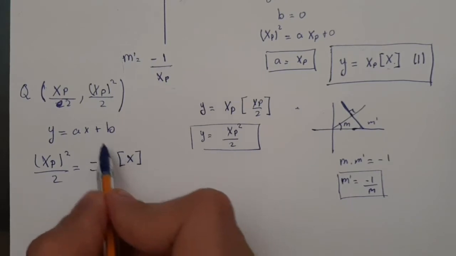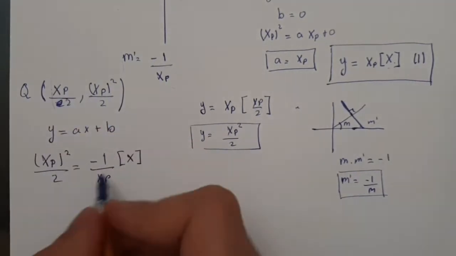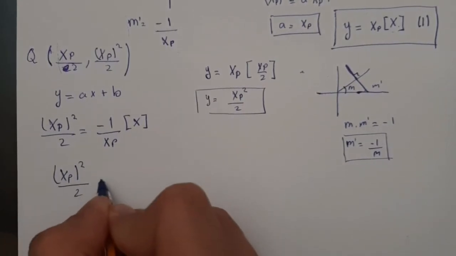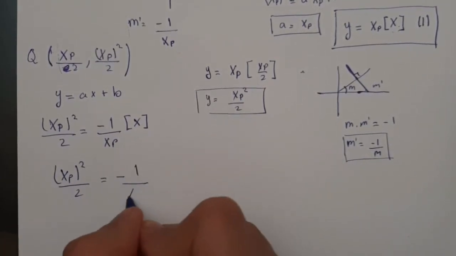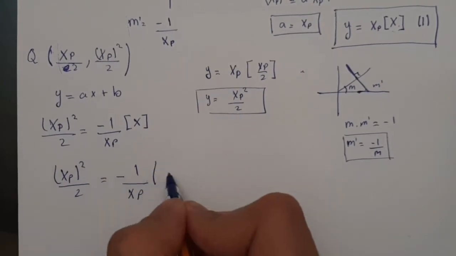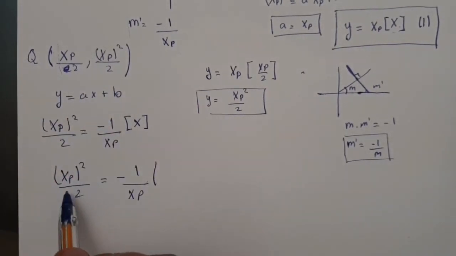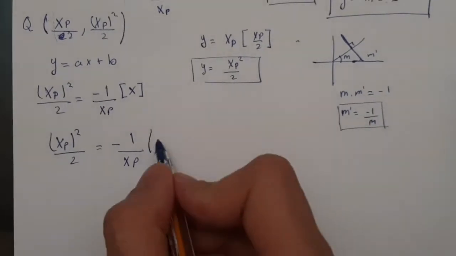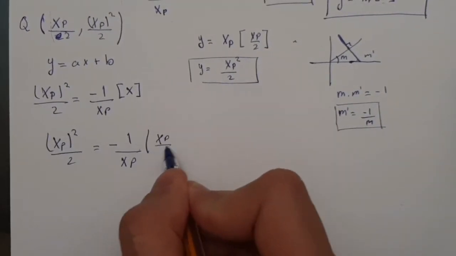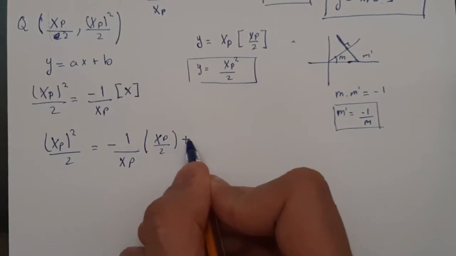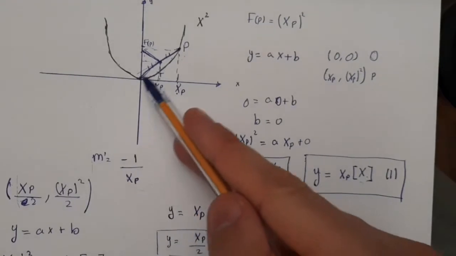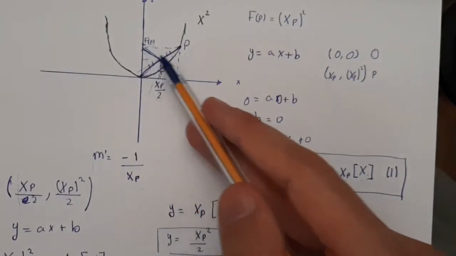It could be any x, but as we are using this y coordinate over here, its x is xp divided by 2, plus b now. Remember that this is another line, so b is not 0. The first line has 0 at b, but this one doesn't.